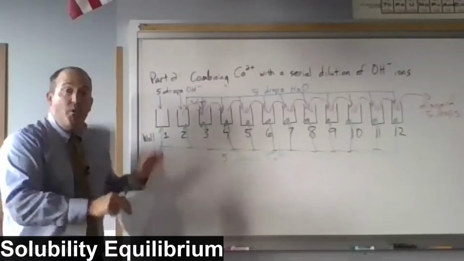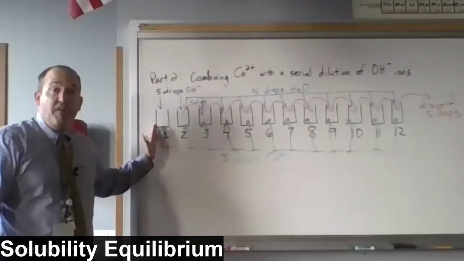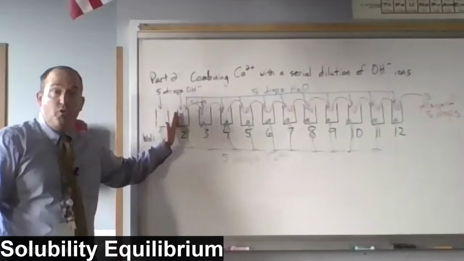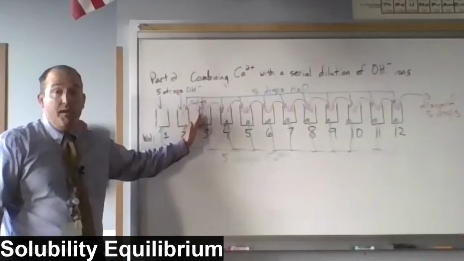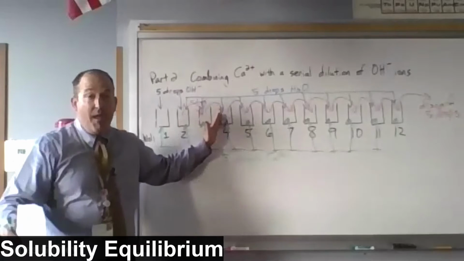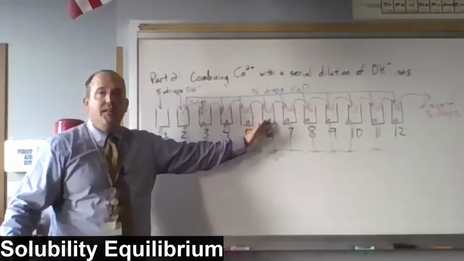Remembering that we're starting in well 1 with the highest possible concentration, I'd say it's very likely that you'll have a precipitate in well 1, and well 2, still quite likely. By well 3, pretty likely. By well 4, maybe. By well 5, maybe. By well 6, kind of unlikely.